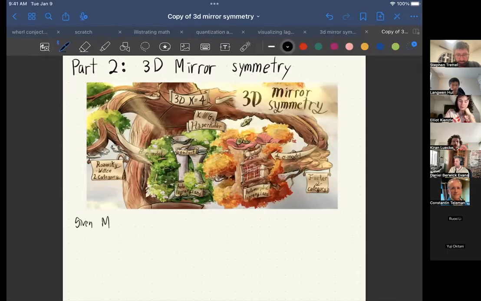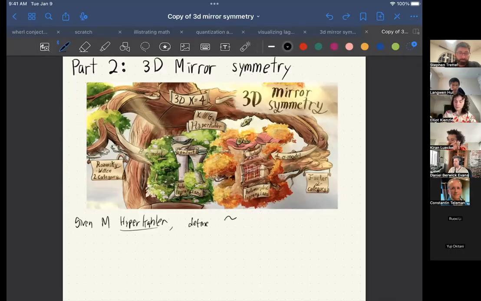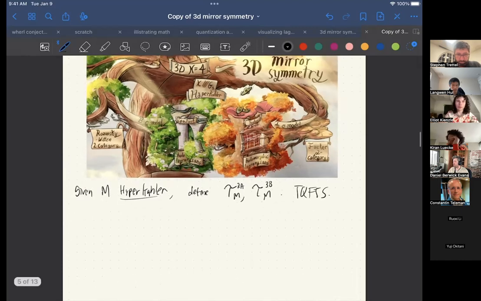Let's say hyperkähler. And I'll explain what that means in a moment. Then we can define the twisted sigma models just as before, now in 3 dimensions. Okay. And these will be TQFTs. And what I'm going to try to do is describe what these TQFTs should look like. But first, what does hyperkähler mean?